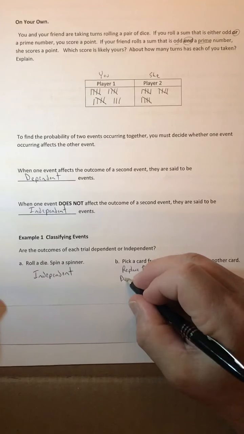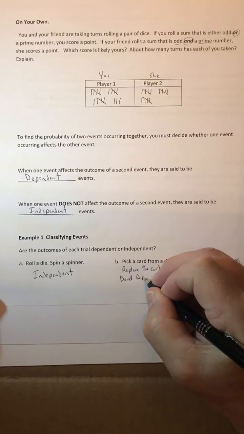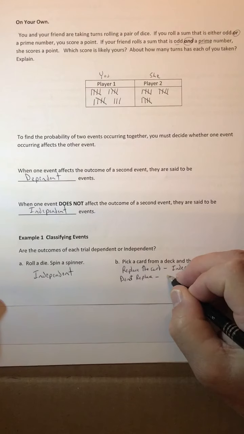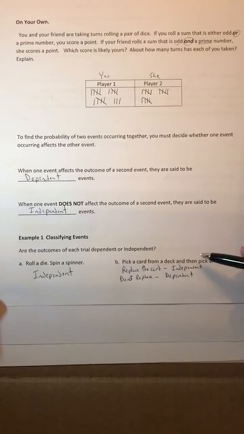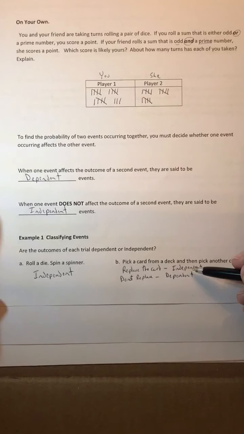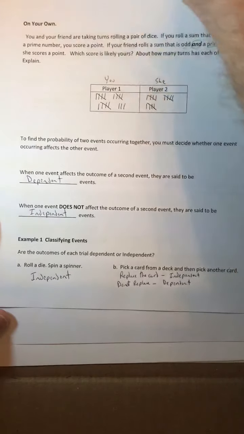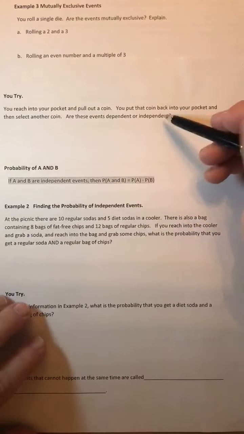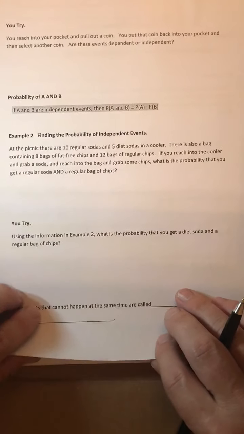If you do not replace, then they are dependent, because if you don't replace it, then it's going to affect the outcome of what card you picked the second time. So that is independent and dependent. On the back you have a Try. That should be pretty easy after I just explained to you that other part with the card.